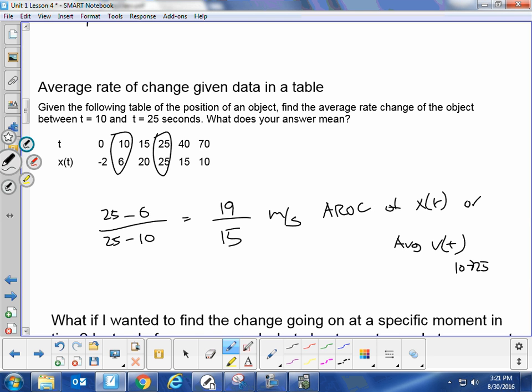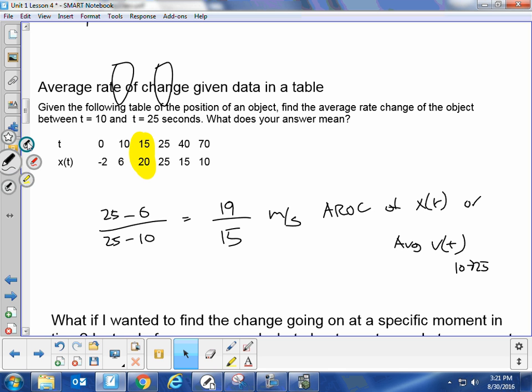That's how fast I've been traveling on average. But what if I wanted to know exactly how fast I was moving, let's say at the 15th second? My position is 20, okay? It means at the 15th second, I'm looking at being at the position of 20 meters.